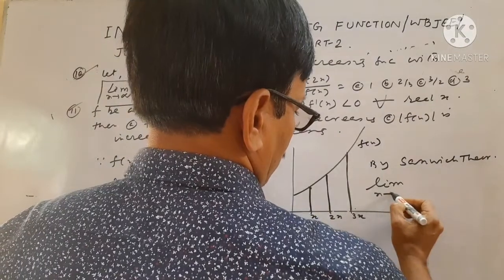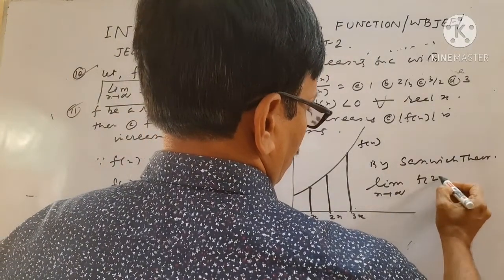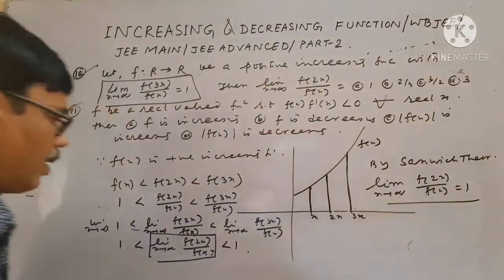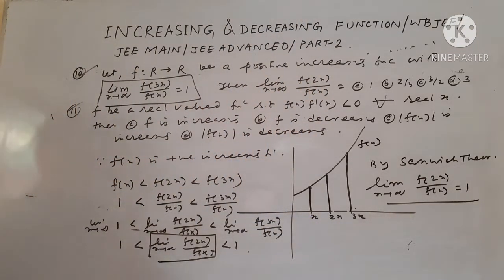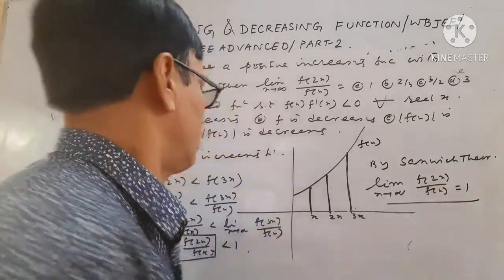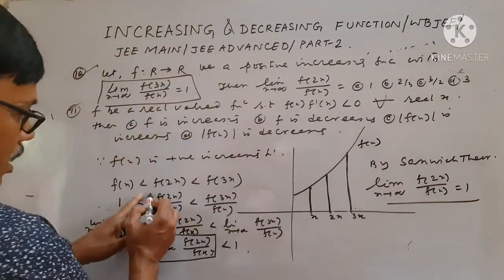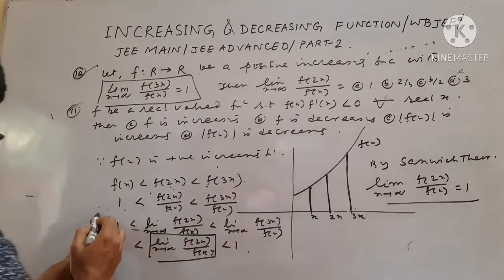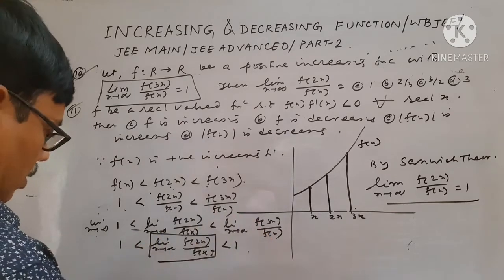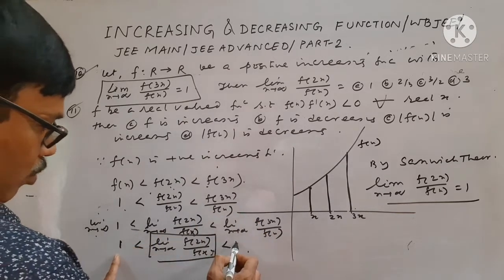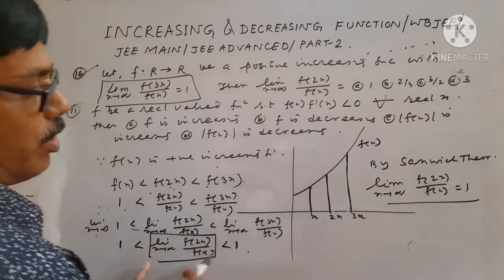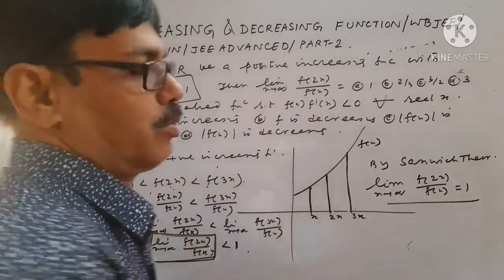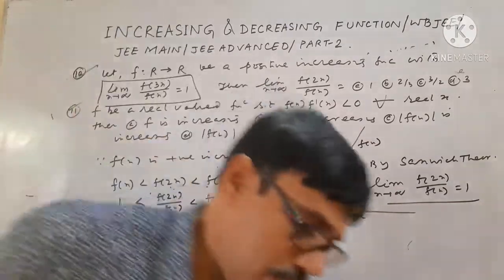Limit x tends to infinity f of 2x by fx equals to 1. So fx is positive increasing. So fx less than f2x less than f3x, divide by fx. Take limit on both sides with x tends to infinity. This is 1, this is 1. So from sandwich theorem, we can say that this middle one is also 1. So this is simple one.